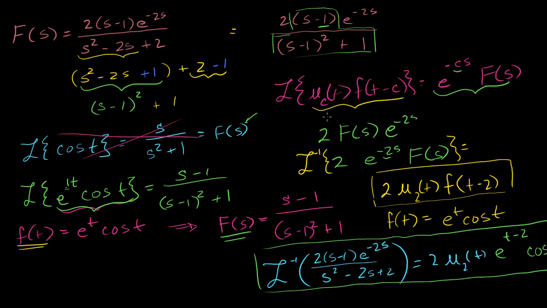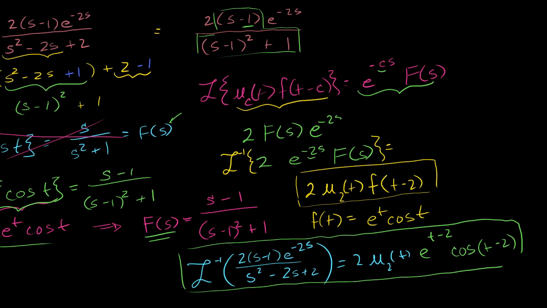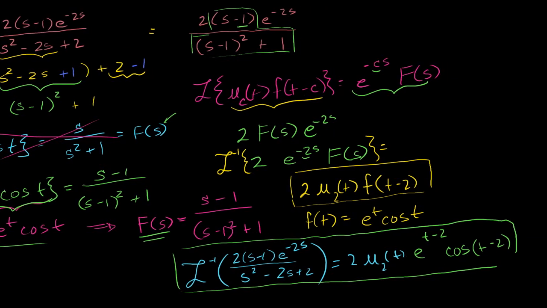The 2 times the unit step function times my f of t shifted by c. And we established this was our f of t. So we just shifted it by c. We shifted it by 2, and we got our final answer. So this is about as hard up to this point as you'll see an inverse Laplace transform problem. So hopefully you found that pretty interesting.